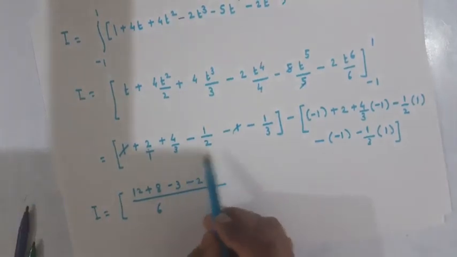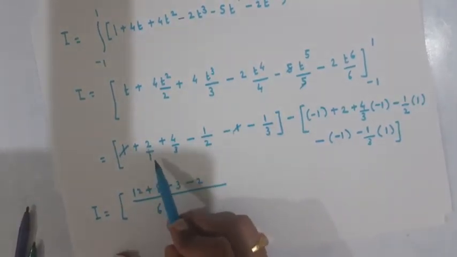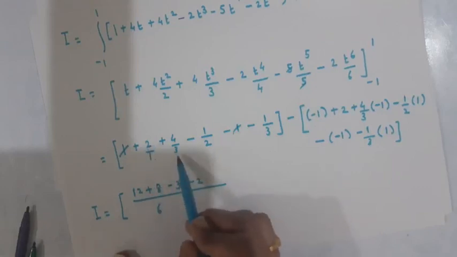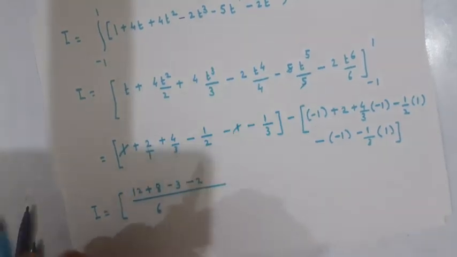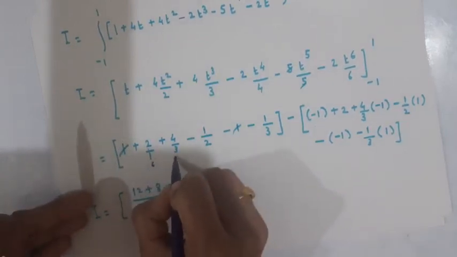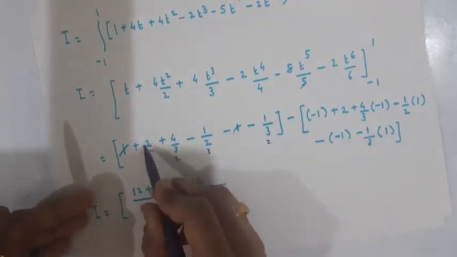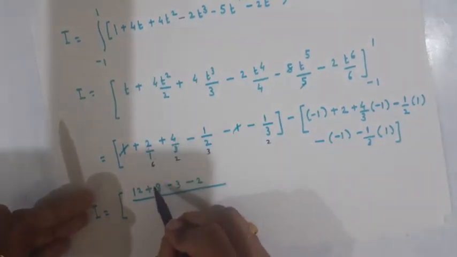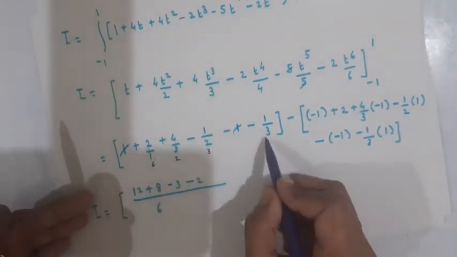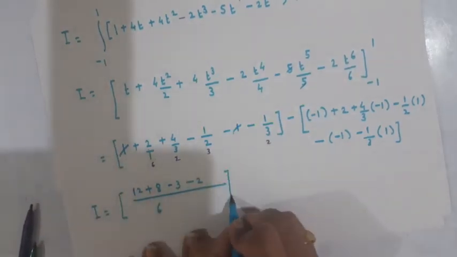See, the two terms get cancelled. LCM is 6, so 6 2s are 12. Here multiply with 6, multiply with 2, multiply with 3, multiply with 2. So 6 2s are 12, plus 4 2s are 8, minus 3 1s are 3, minus 2 1s are 2. Okay, and this is by putting upper limit.